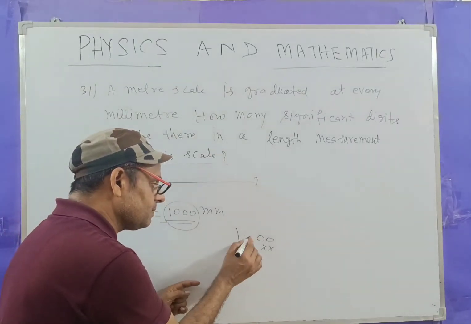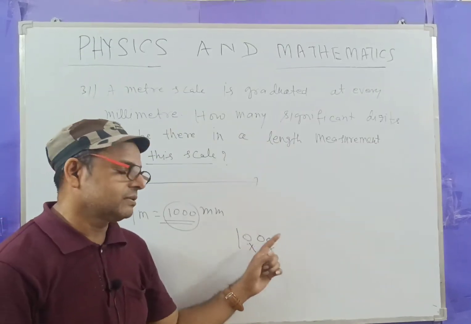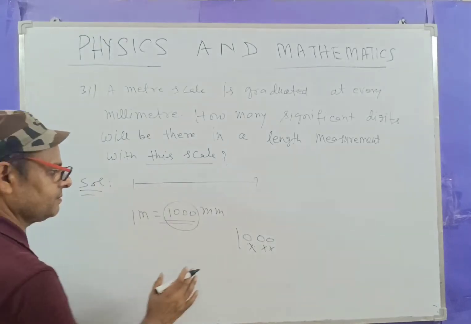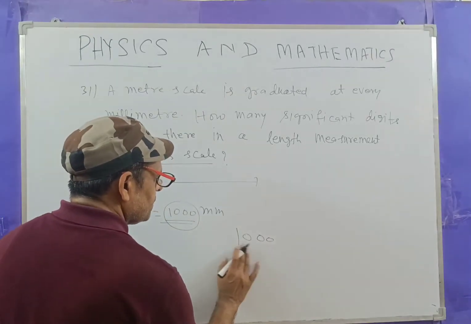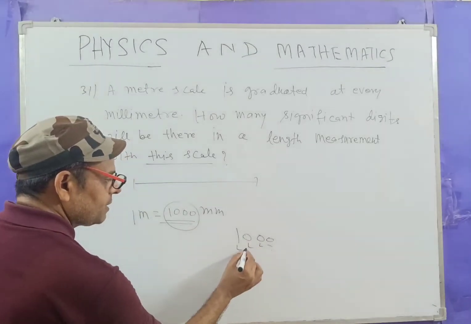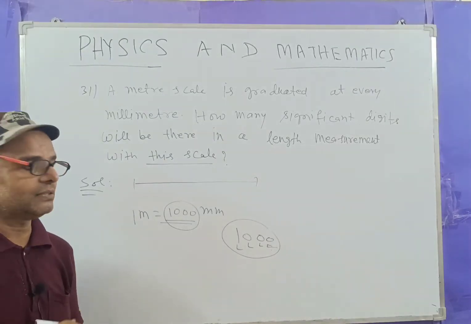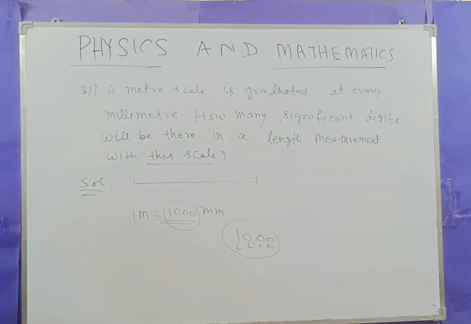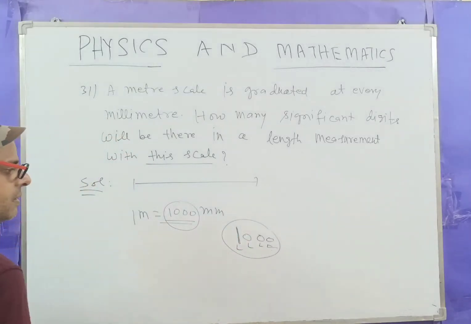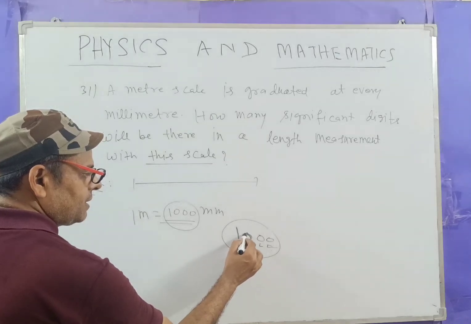Therefore, after the leading digit, all zeros do not have any significance. But here there are 4 places where a significant digit could be placed: the first, second, third and fourth.